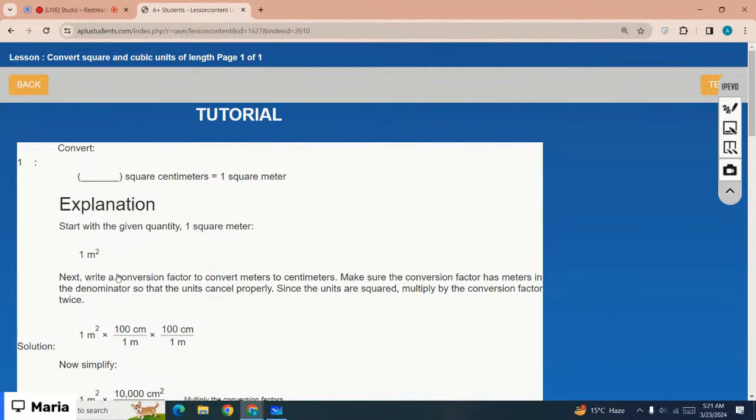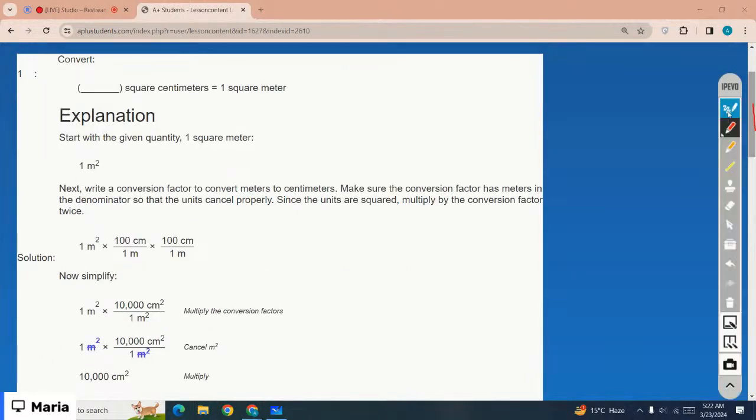Okay, how many square centimeters equal 1 square meter? So you have to convert from 1 square meter to square centimeters, right? First thing is you have to convert from meters to centimeters. 1 meter equals 100 centimeters, but you have to convert square centimeters. So you have to multiply twice by 100.